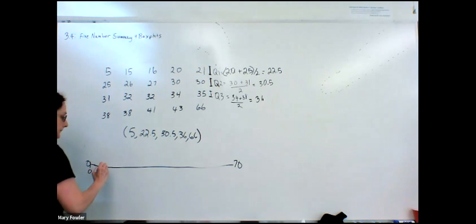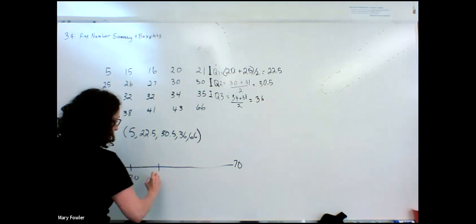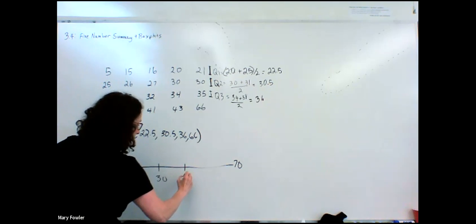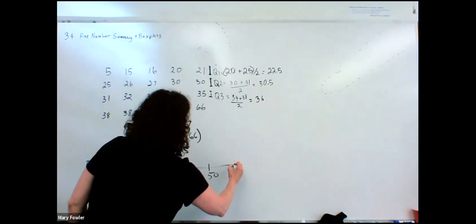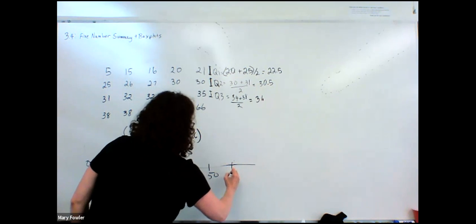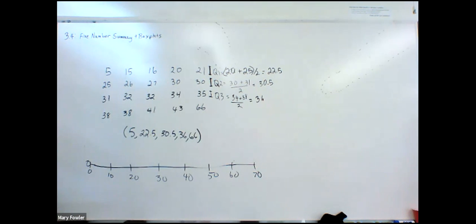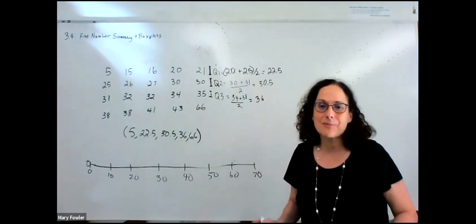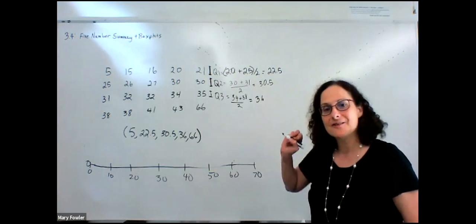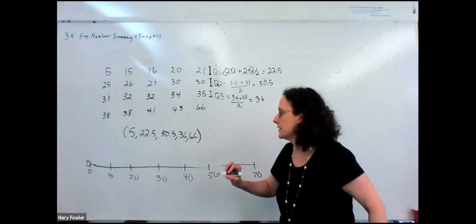There's 0, 10, 20, 30, 40, 50, 60, and 70, so more or less linear between 0 and 70. So for the box plot, we're going to put a dot for each of the numbers in the 5-number summary.